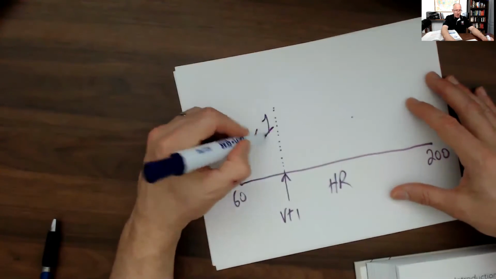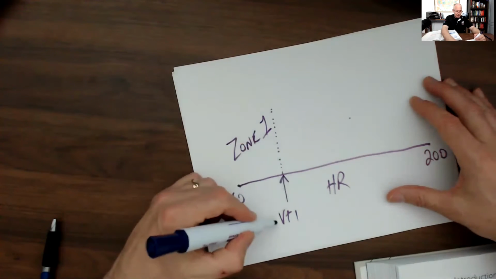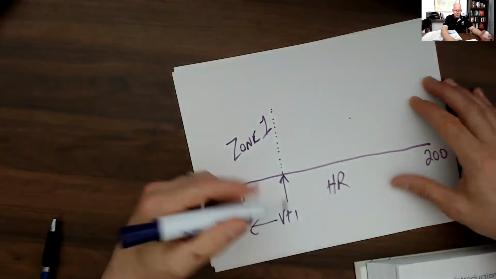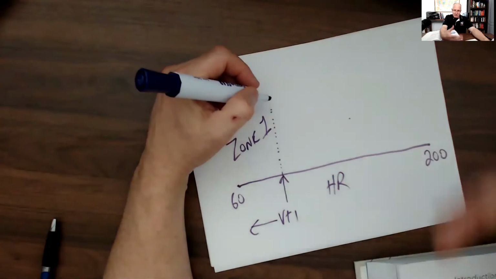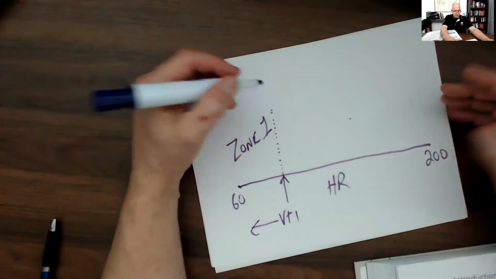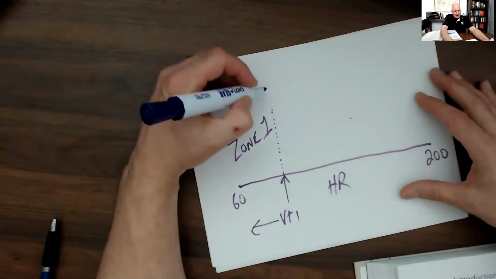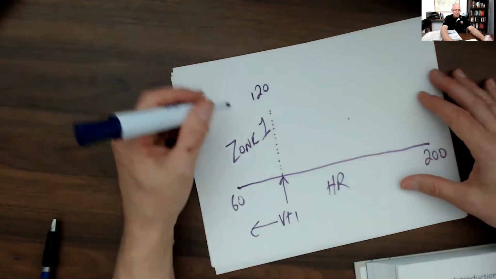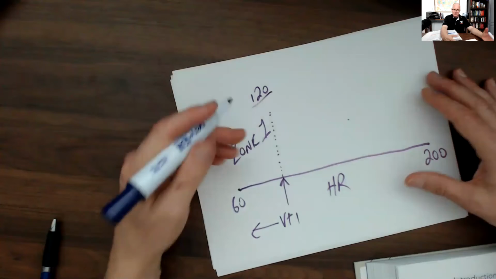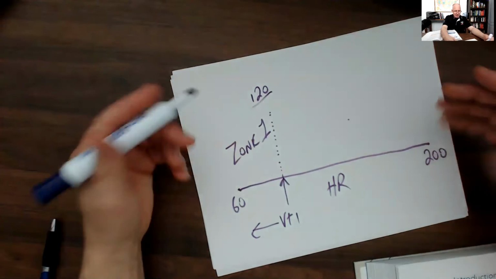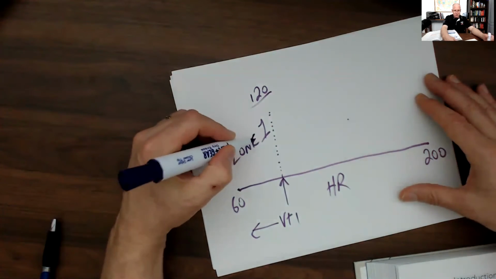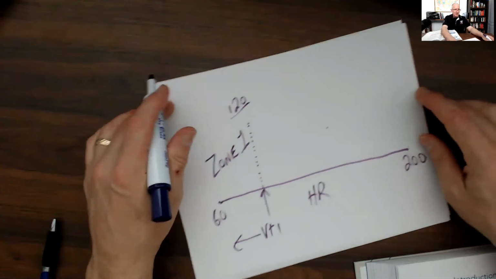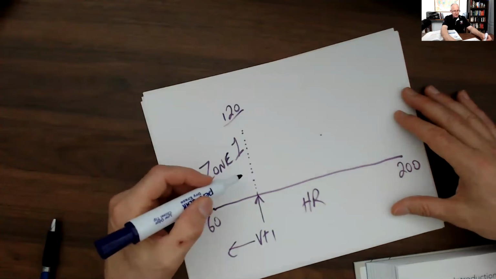So zone 1 technically is anything below VT1. If your ventilatory threshold 1 that you measured with a client is, let's just say, 120 beats per minute, that's great, because now we can tell our clients, this is where I want you to train. This is where your heart rate should be when you're training.